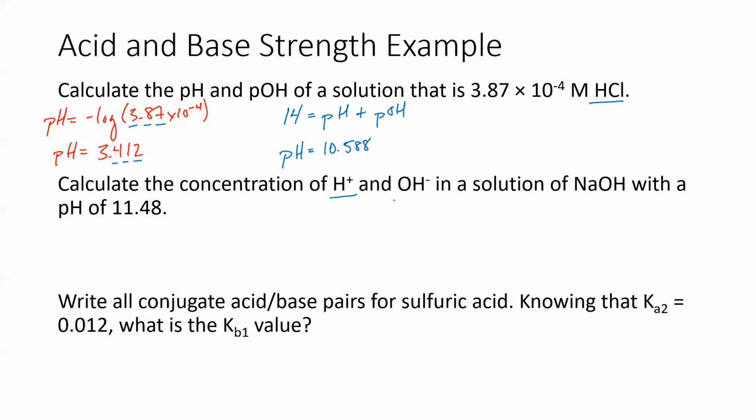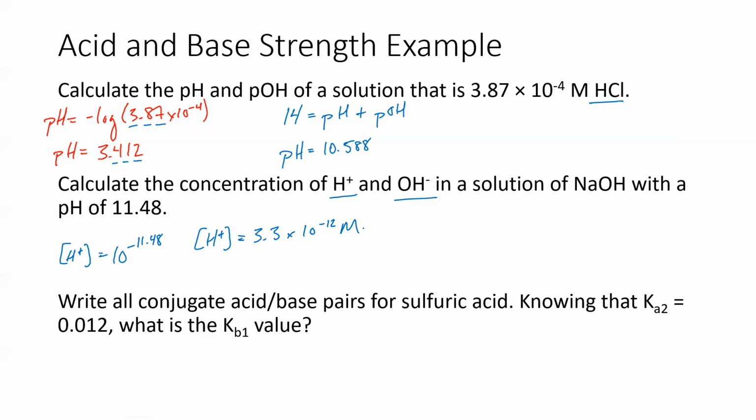All right, so concentration of H plus and OH minus, if we have a solution of NaOH with a pH of 11.48, so the concentration of H plus is equal to the antilog of the pH. So 3.3 times 10 to the negative 12 molar.